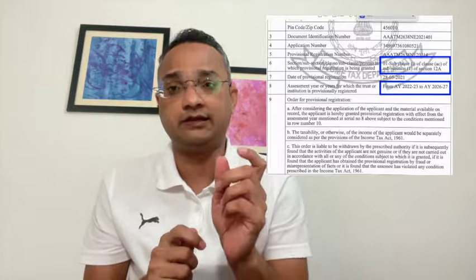So first of all, the criteria for the renewal is whether your existing certificate ends in the assessment year 26-27. So I request you to first check your registration certificate, current 12A and 80G certificate, and if your assessment year ends on 26-27, then you need to apply for the renewal before 30th September 2025.